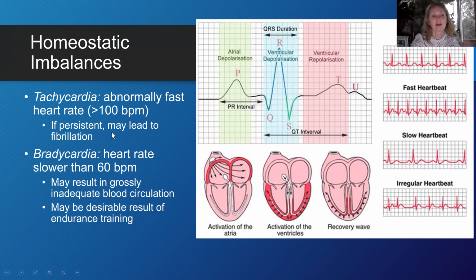Tachycardia, if persistent, may lead to fibrillation, when the ventricle contracts so rapidly that it doesn't have time to relax and actually pump blood out. And bradycardia may result in inadequate blood circulation, so not enough blood pumping. But athletes, for example, whose hearts are strong and big, normally have a lower heart rate. So they may have physiologically normal bradycardia.